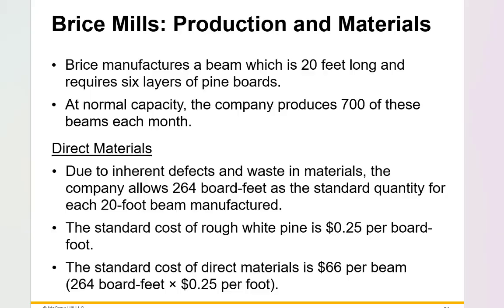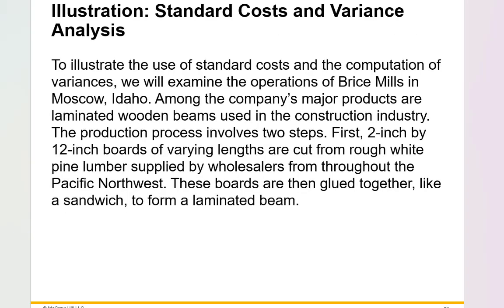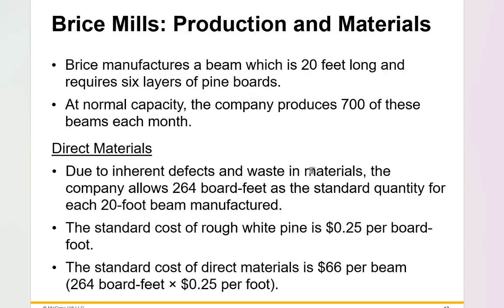If you remember from the last slide, there are 2 parts: it's cut and then glued. So we have those 2 component parts. Due to inherent defects and waste of materials, the company allows 264 board feet as a standard quantity for each 20-foot beam.